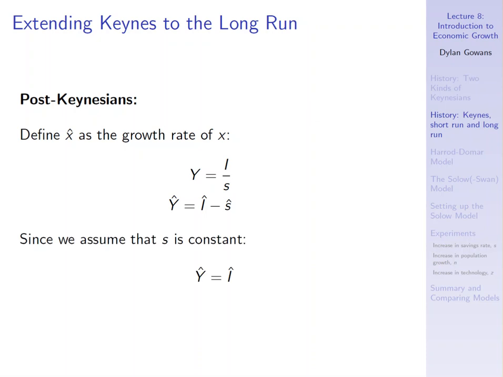Now, in general, we're assuming that s is constant, and so there is no growth rate in s. So that means the growth rate in Y is just equal to the growth rate of I. So what makes an economy grow according to the post-Keynesians? Well, growth in investment, okay? That's the way that demand has to grow, according to this simple theory. Demand will grow because investment grows.